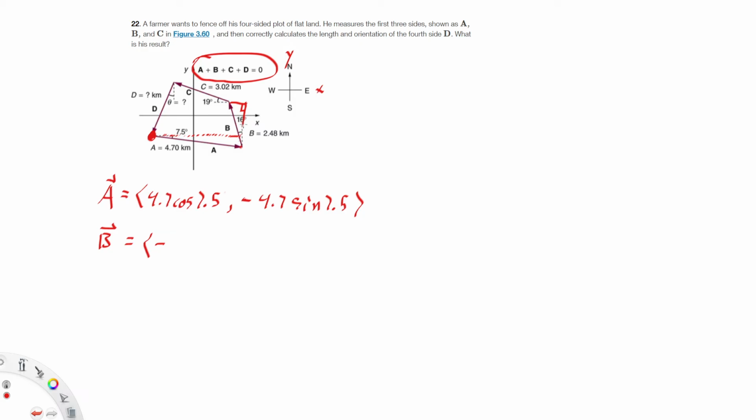This 16 degrees is opposite our west-east axis. So we have minus 2.48, and then we'll have positive y.